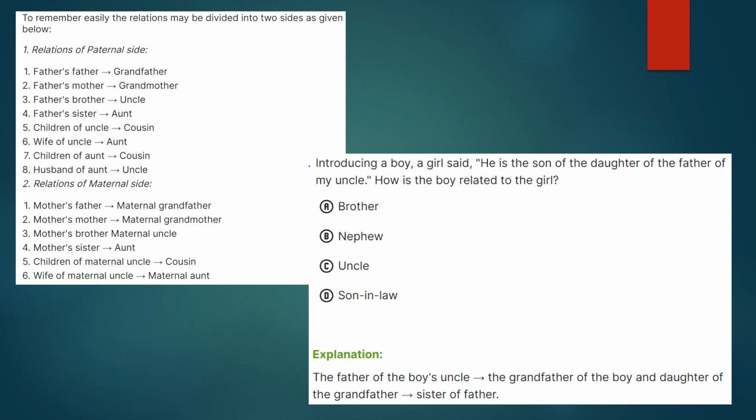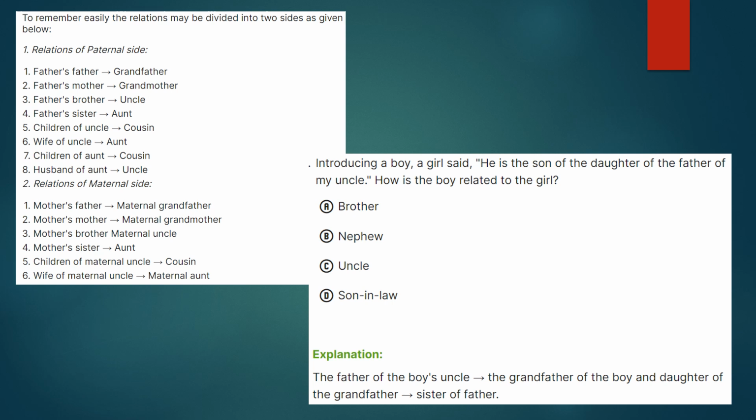Now, in the same manner, we have one more example: introducing a boy, a girl said, "He is the son of the daughter of the father of my uncle." Whenever such a jumbled up sentence is given, where the relationship is not mentioned through direct description, you have to go through with your own flow chart.